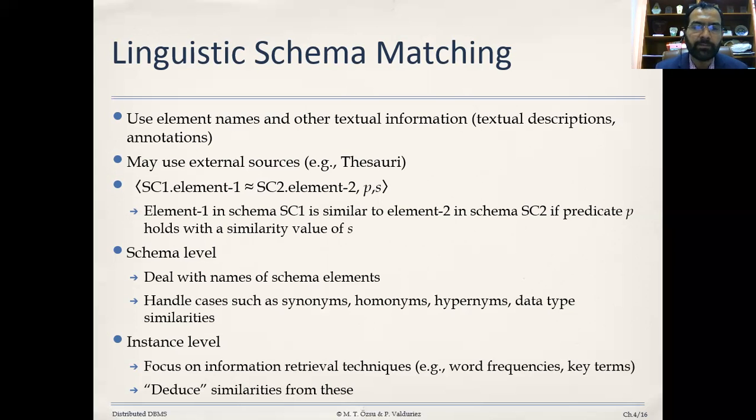And obviously we deduce the similarities from these. So once we know whether the same term is being used many times, we try to deduce the similarity from these values, and then we can decide whether they match or not.